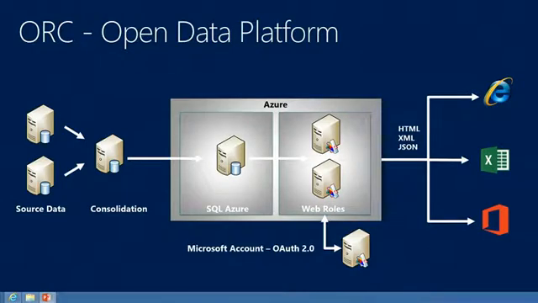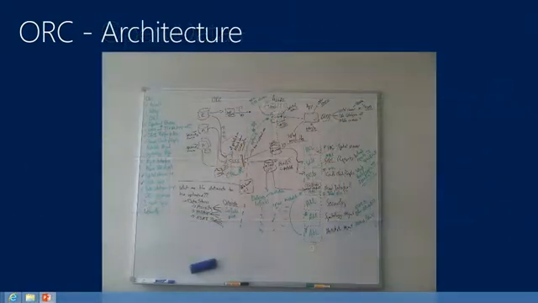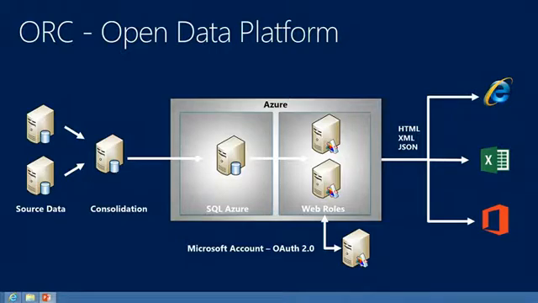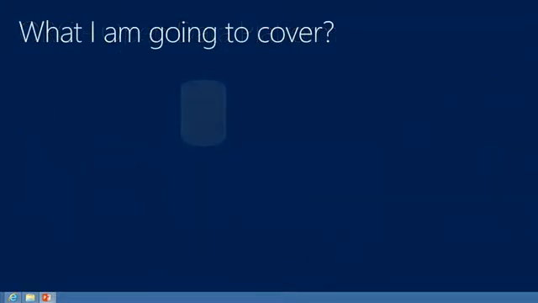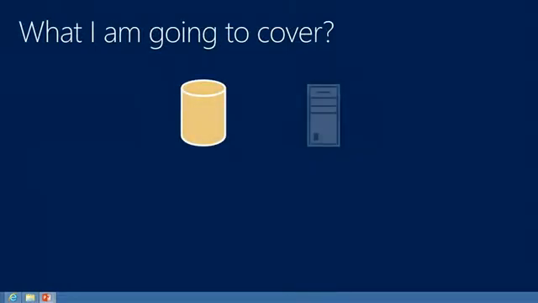This is what we ended up with, and this is a very, very sanitized version of this, and there was a lot of stuff that we went through in order to get from here to here. And that's really what I'm going to talk about in this session. So what am I going to cover? What is all this really boiled down to? Two major things that I'm going to cover, believe it or not, is data and infrastructure.